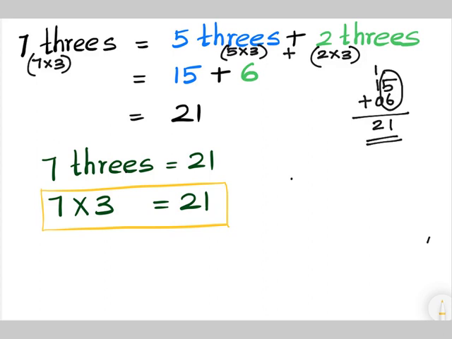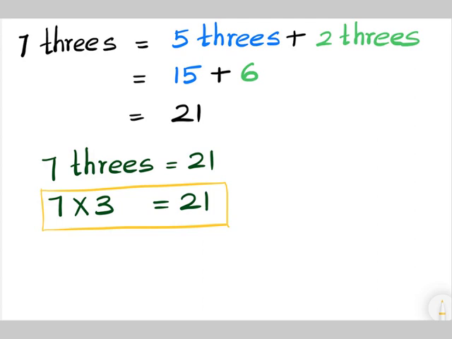So we get the total as 21. 7 threes is also 7 times 3. 7 threes equals 21. This is an example of the distributive property, where 7 times 3 is broken apart into 5 times 3 and 2 times 3.